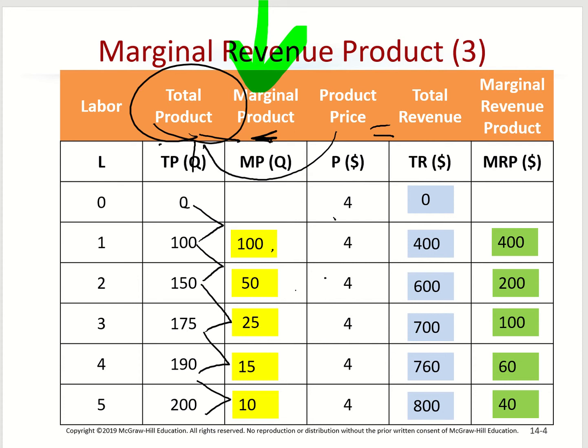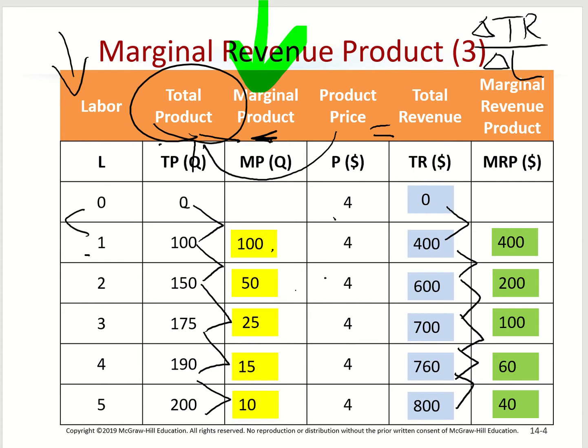And lastly, the marginal revenue product. We're going to use the change in total revenue over the change in labor, since in this case the resource is labor. The change in total revenue is the difference between each level, and luckily, labor changes by 1 each time, so the difference divided by 1 is your marginal revenue product.